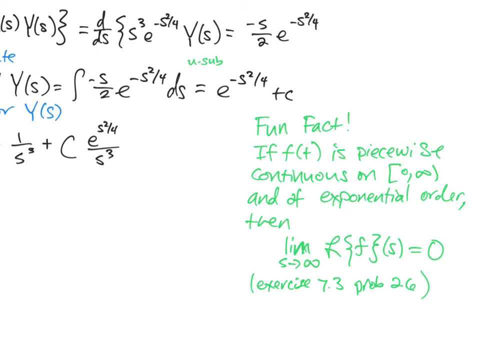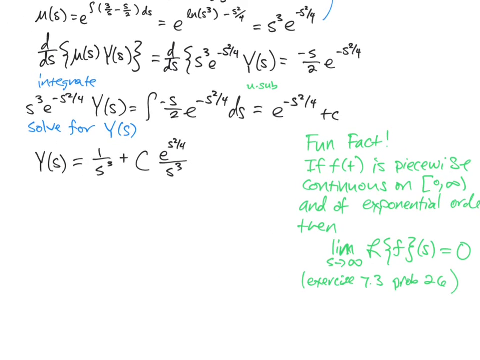Anyway, so now we're going to use that fact and go back over here. If we apply that to this piece right here, as s goes to infinity, if c is positive, this goes to infinity and so does this, but the top goes to infinity faster.